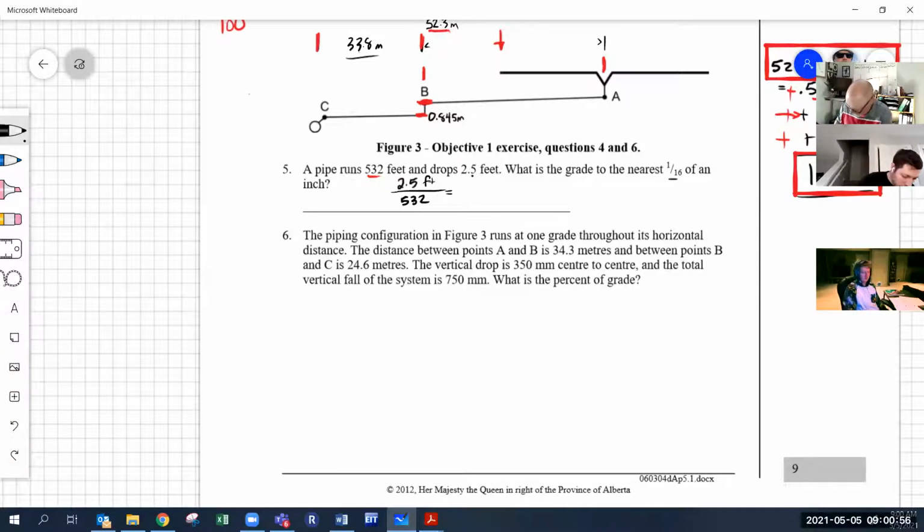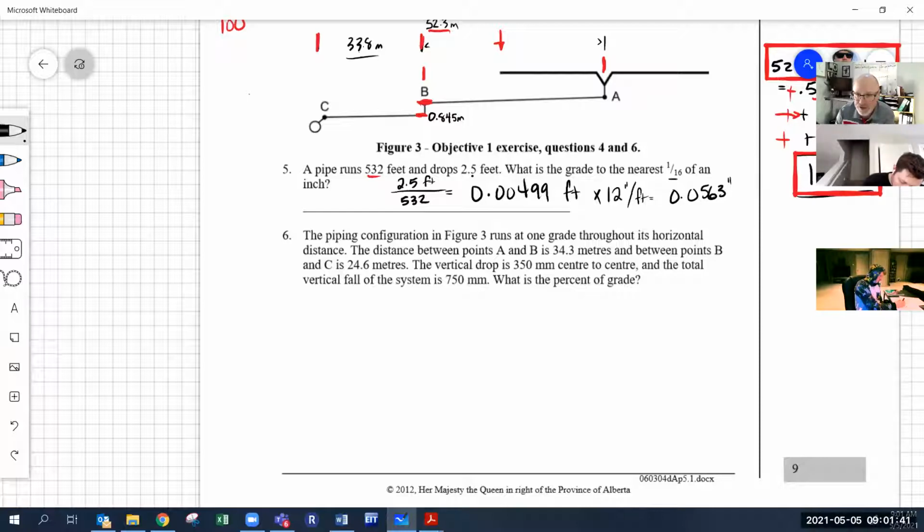2.5 divided by 532 is going to come out to 0.00499 feet. Now they want it to the nearest 16th of an inch. So this is in feet, and I have to convert that to inches. I will multiply by 12 inches per foot, and that comes out to 0.0563 inches.